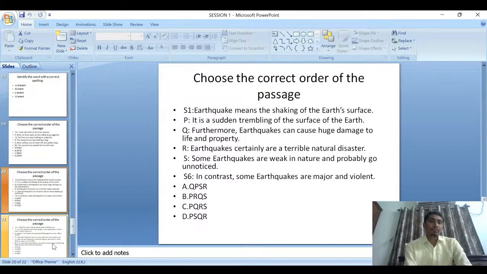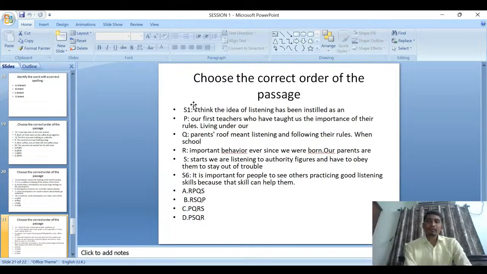Next one. Choose the correct order of the passage again. I think the idea of listening has been instilled as an. So he is describing listening. Now let us go with the answer.